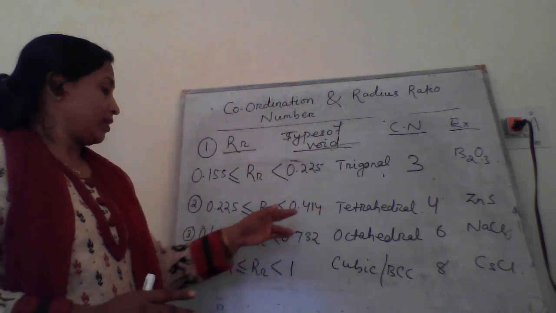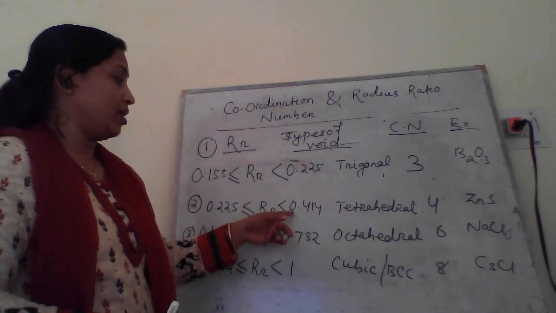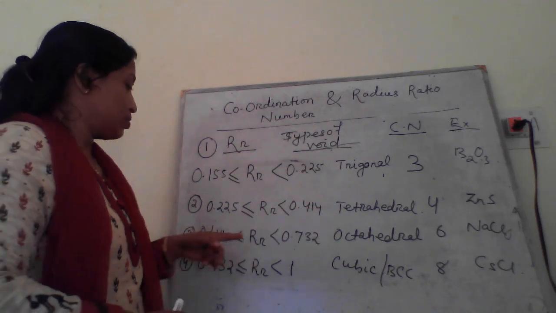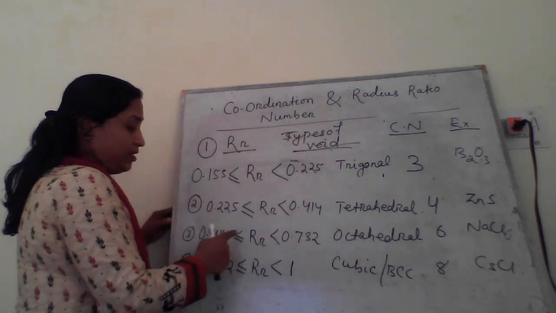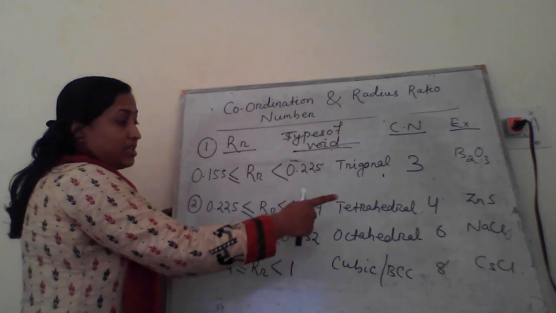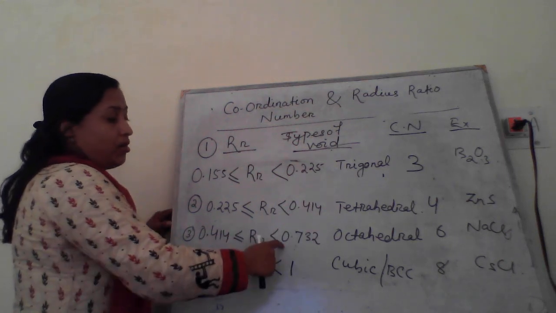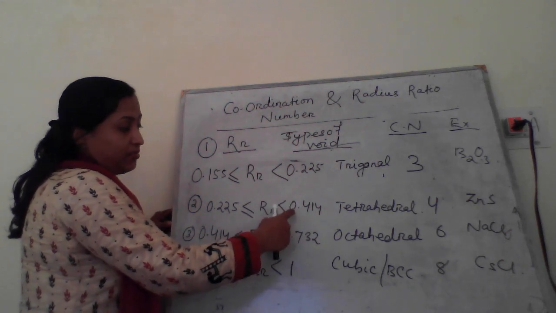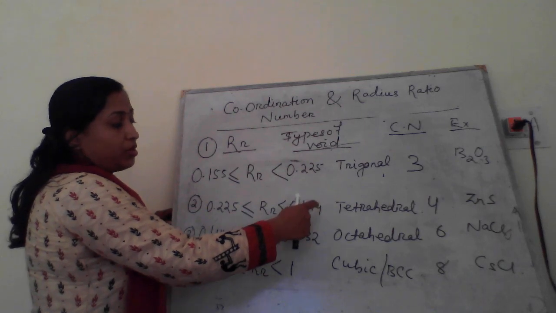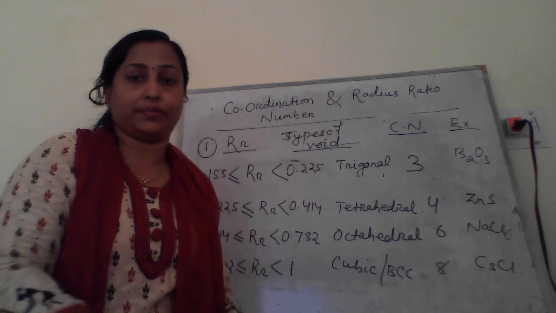If this value is 0.414, then it is octahedral void, because here the greater than or equal to symbol is placed. If this value is 0.413, then it is tetrahedral arrangement.